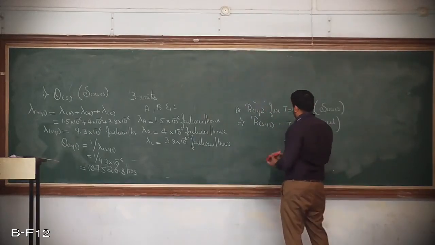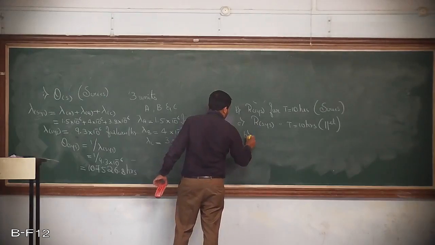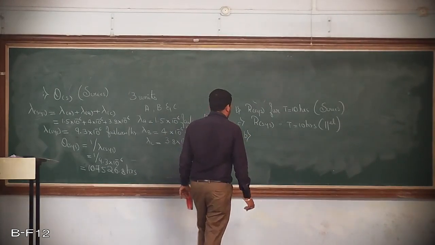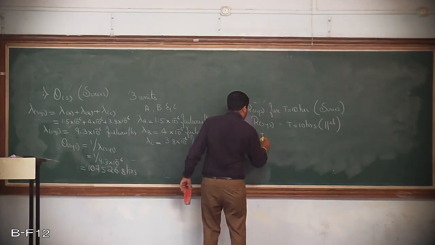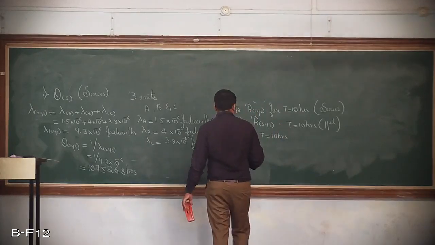Now for part B, for component B, they have asked you to find out the reliability of the system for t equal to 10 hours and parts connected in series.